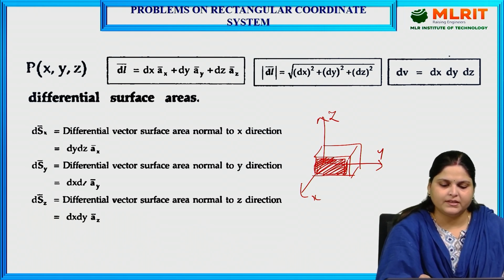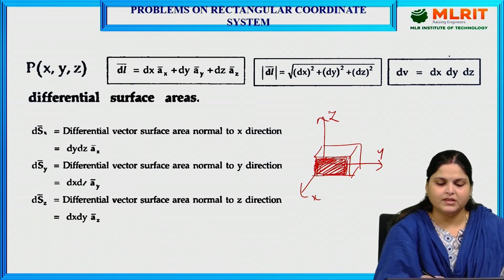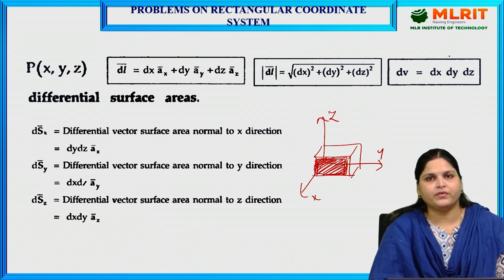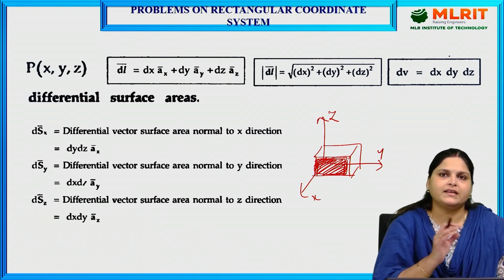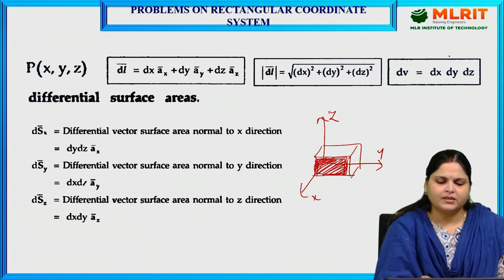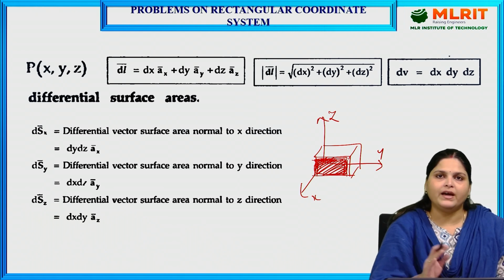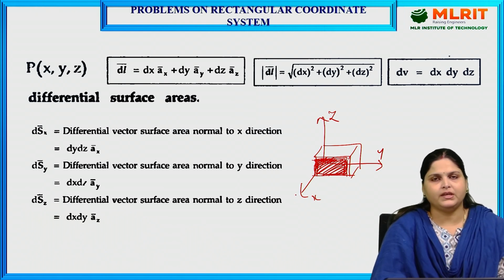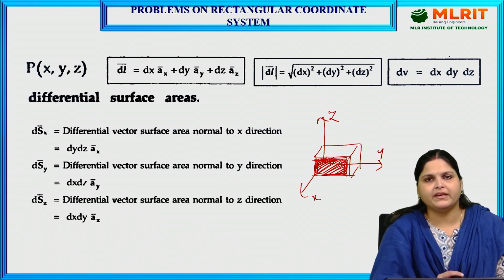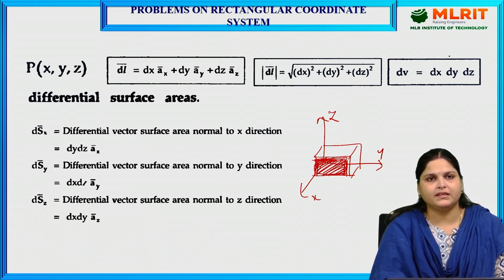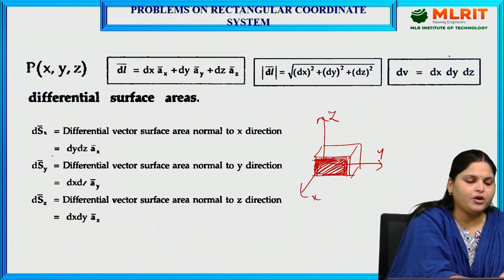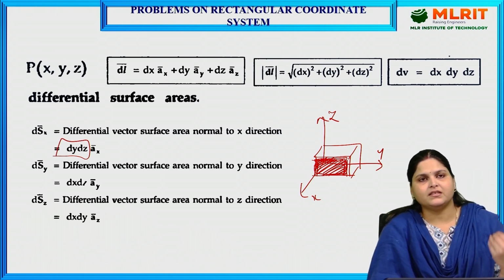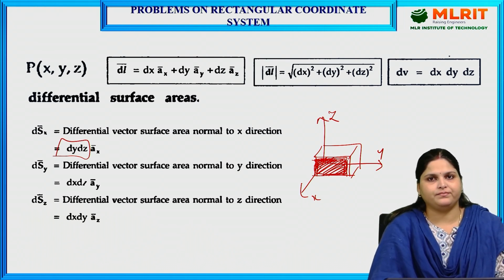You can see that this particular surface is on the x-axis, so we can call it the x constant surface or the yz surface. That means this surface can extend in the y and z directions, but it cannot move in the x direction. It will not vary in the x direction, but it can vary in the y and z directions. So the surface area of this surface is dy dz and it is in the ax direction.